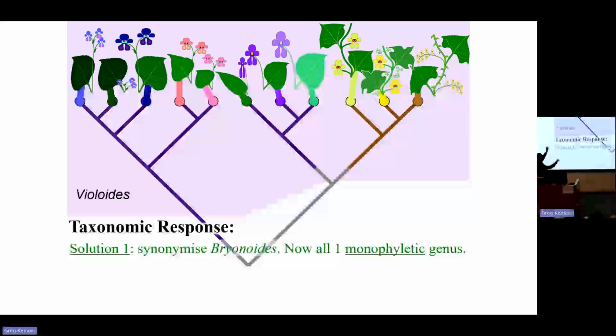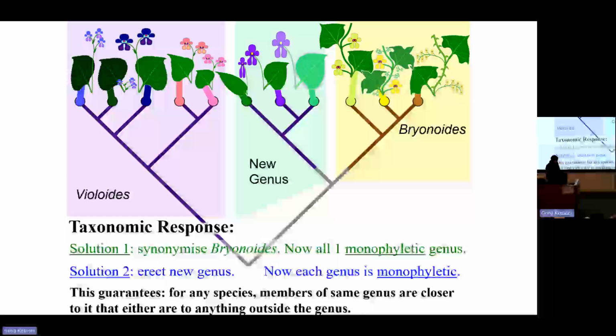So you could simply synonymize them all into one monophyletic genus and solve the problem that way, call them all Bioloides. You could erect a new genus for this little clade here, and that way only 3 of them get their names changed. Perhaps this is the most elegant solution of the 3.